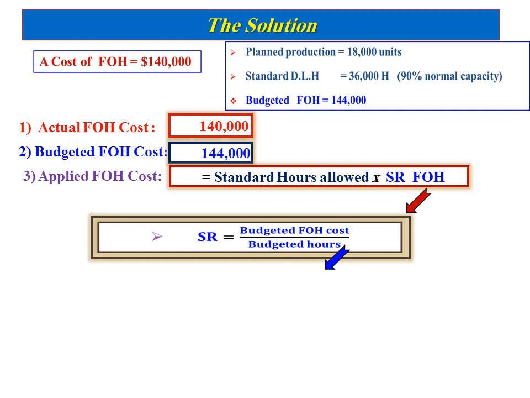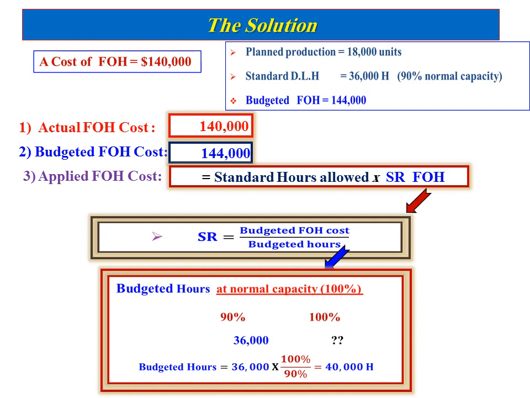How to calculate the budget hours at normal capacity, I mean 100%. Very simple. If I have 36, 90%, so how many hours if I speak about 100? Cross multiply. 36 times 100 over 90 will equal 40.